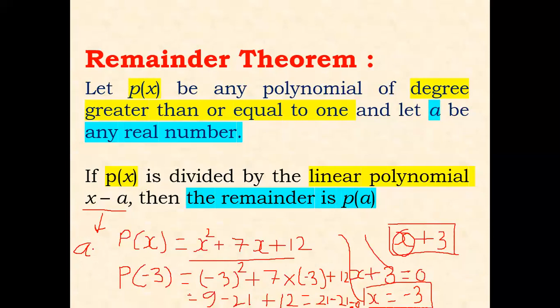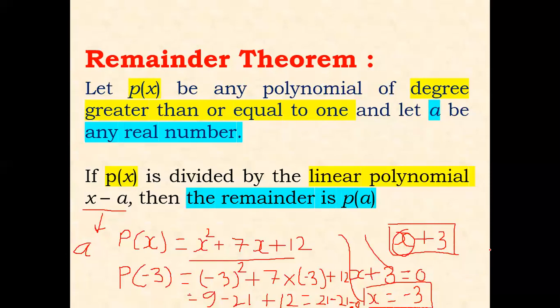If you put a in P(x), it becomes P(a), with a in place of the variable everywhere, and the result that comes is your remainder. If the remainder is 0, then your linear polynomial divisor becomes a factor of the given polynomial P(x). So this is what you must have understood regarding the remainder theorem.